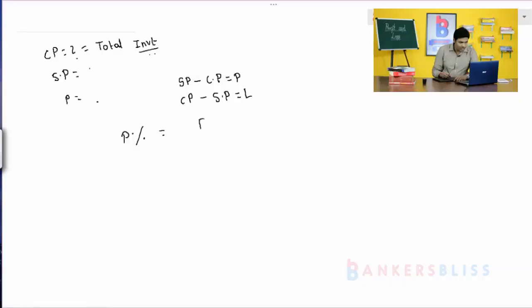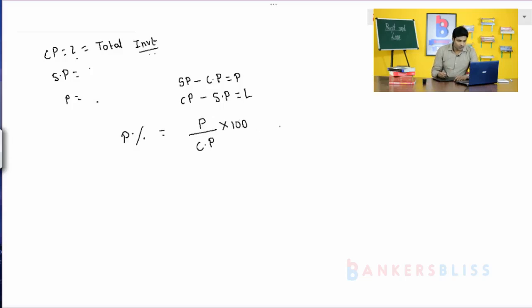For the invested amount I am getting the profit. Based on my investment, always I have to calculate the profit percentage. So, profit percentage is always calculated with respect to cost price. That is profit by cost price into 100.